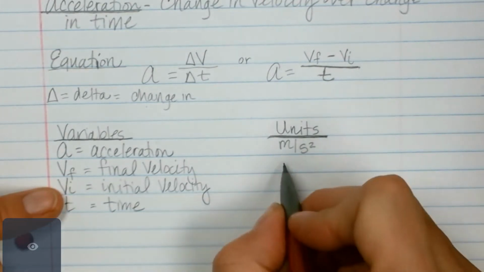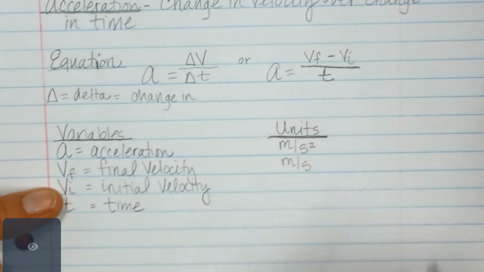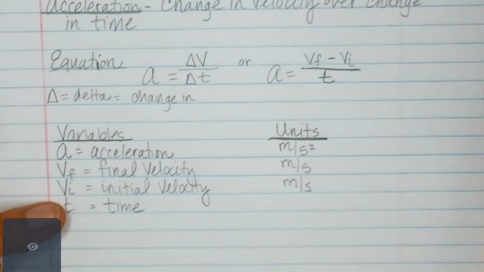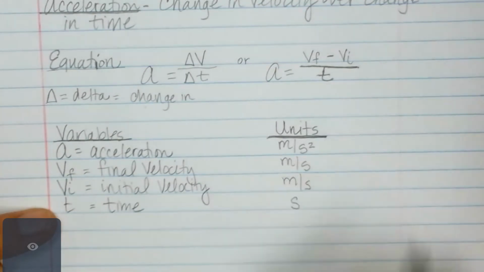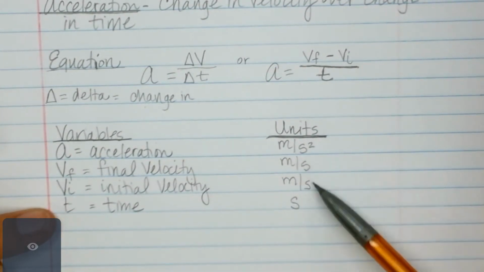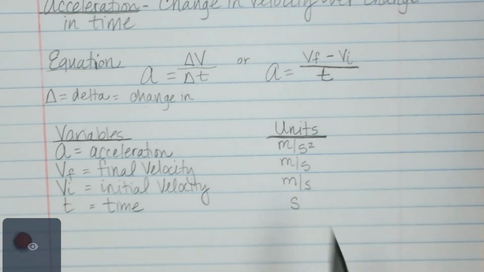For final velocity, meters per second because it's a velocity. For initial velocity, meters per second because again, it is a velocity. And time is going to be in seconds. So notice my seconds here of time match my seconds in my meters per second and my meters per second squared. So that's important for our standard units to always match as well.